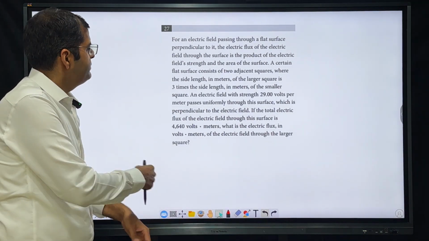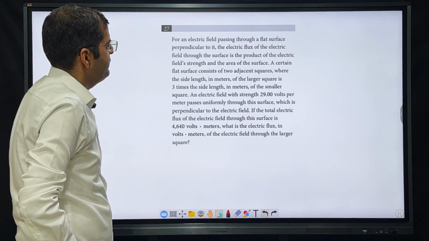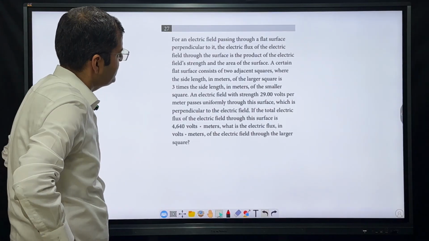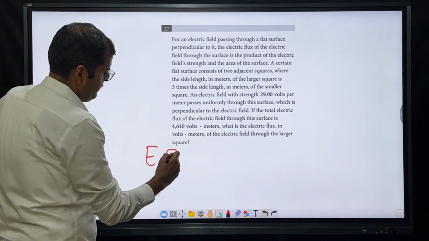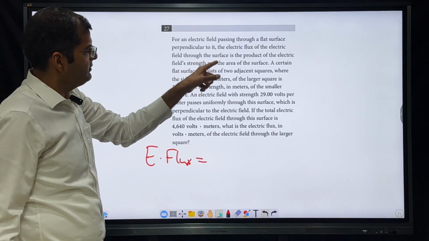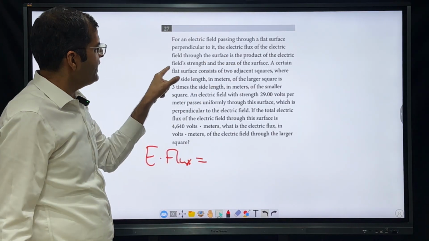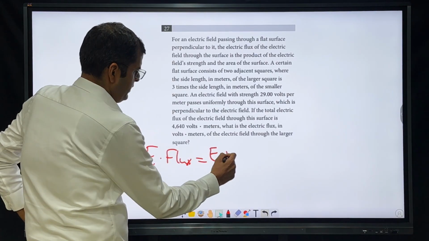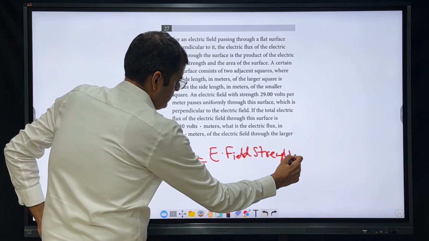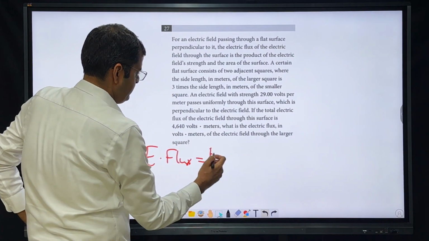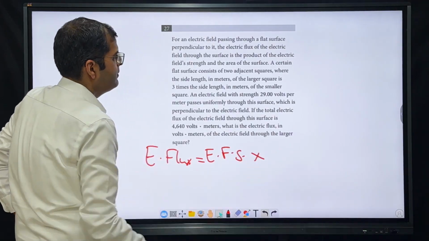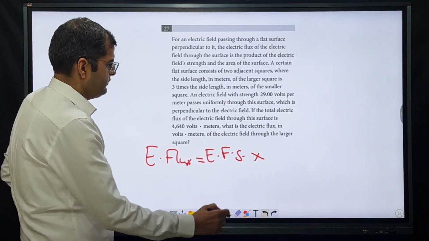Now we'll look at the last question here. It says, for an electric field passing through a flat surface perpendicular to it, the electric flux of the electric field through the surface is the product of the electric field strength (let me write EFS) and the area of the surface.